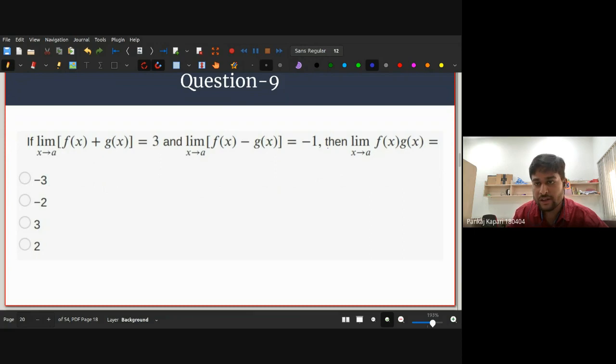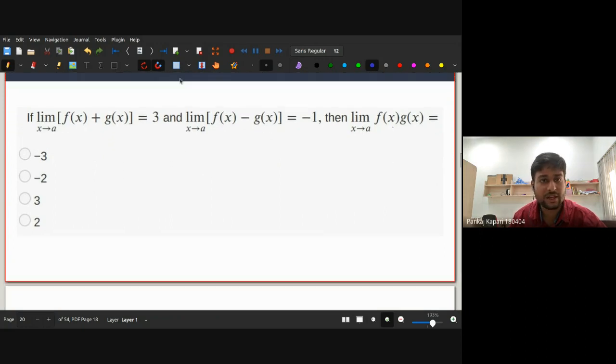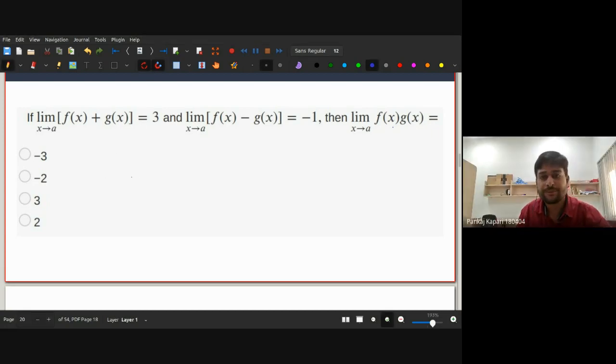We have to find the limit of the product f(x)g(x), given that the limits of f(x) plus g(x) and f(x) minus g(x) exist. So where were we?